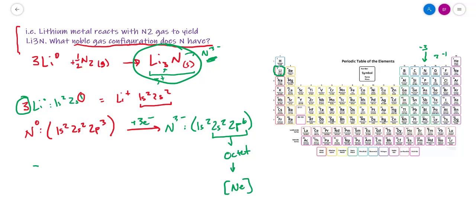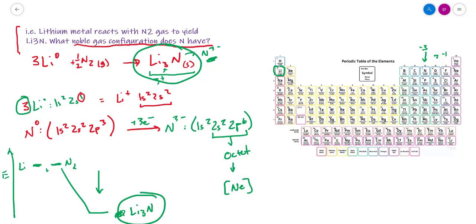If we start with lithium metal at an energy, and we have nitrogen gas, when those 2 things come together and react, that's going to be a net decrease in energy when we get to the lithium nitride compound. That's a happier state because we started with lithium 0 and nitrogen 0. Those aren't very happy. They're not in octets, but by the time we're done with the reaction, both elements are now octets.